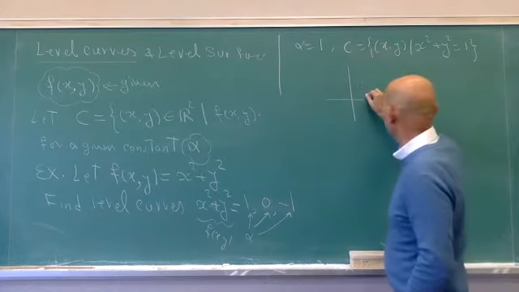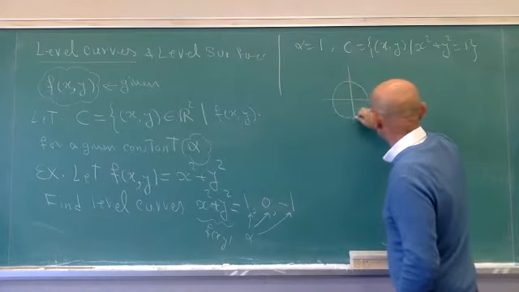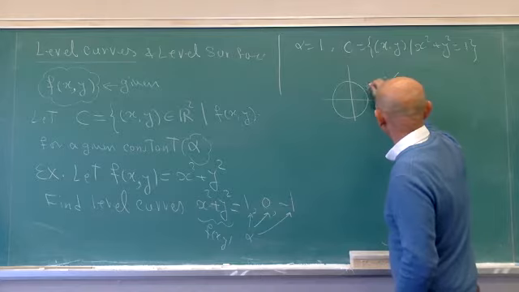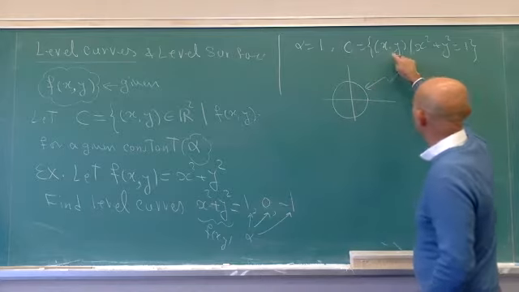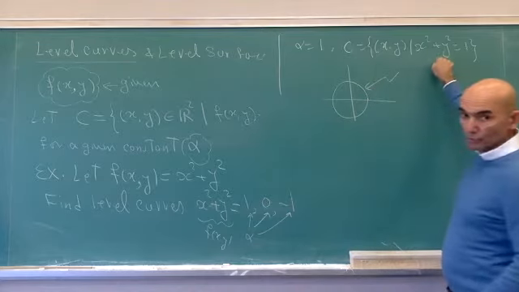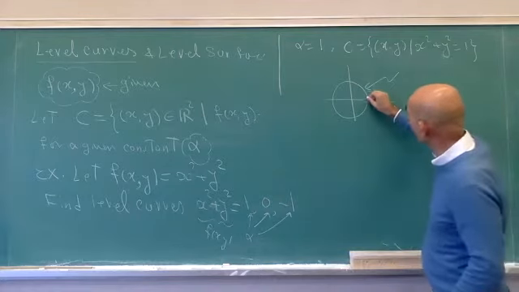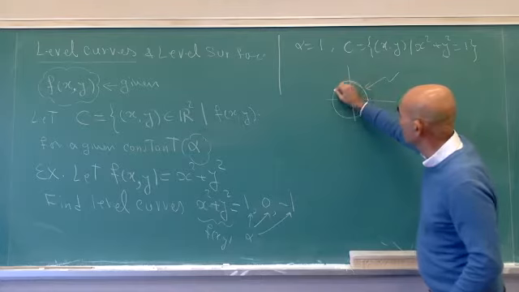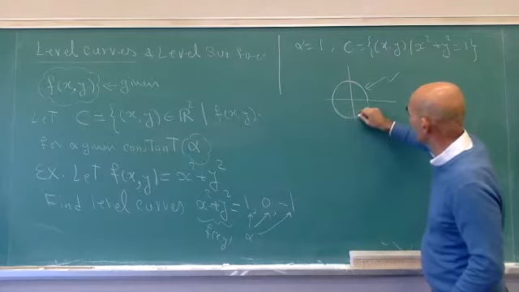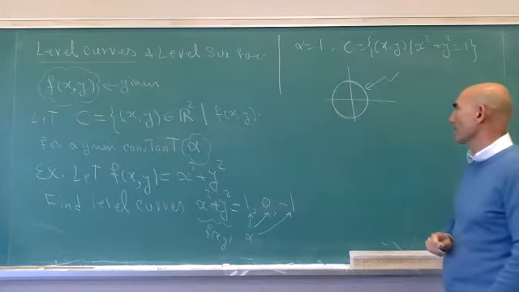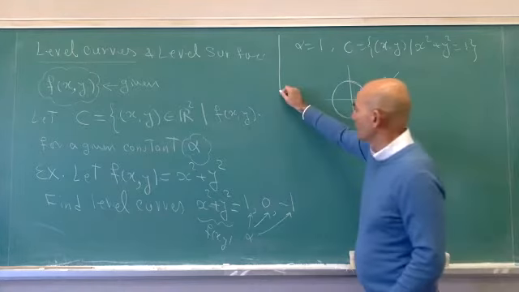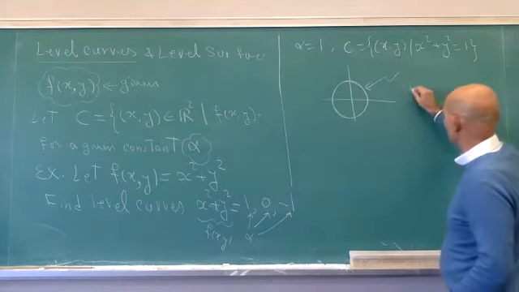So you just draw a circle. That's it. So that's the level curve for the function x2 plus y2 for the value alpha equal to 1. On these points, this function takes the value alpha equal to 1. So we say that the level curve is a circle.